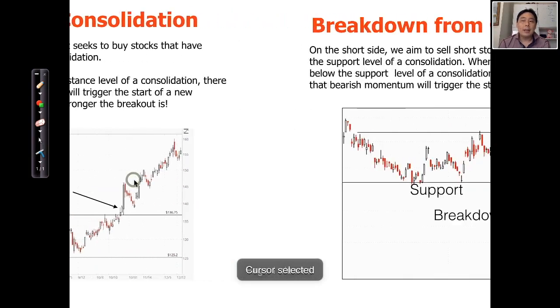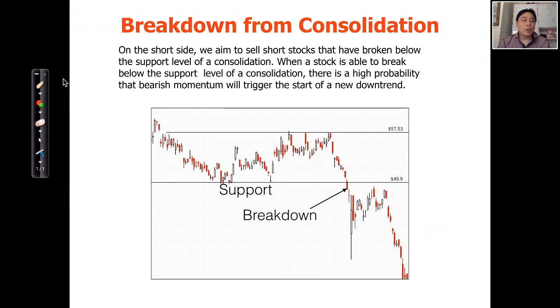Now, on the other side of it, on the short side, we aim to sell short stocks that have broken below the support level of a consolidation. So remember I said a consolidation can also break down eventually. When a stock is able to break below the support level of a consolidation, like in this case, it's a strong support, and it broke the support.